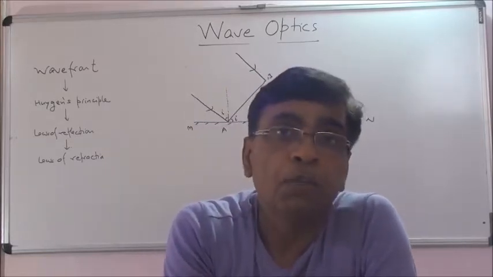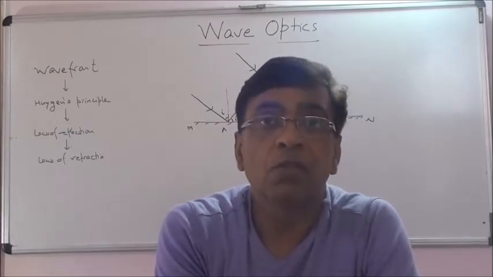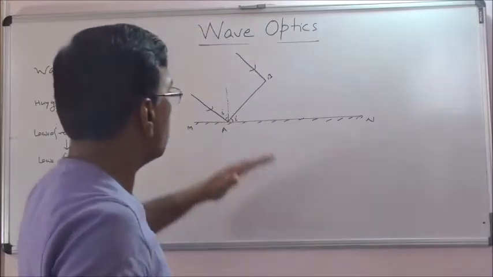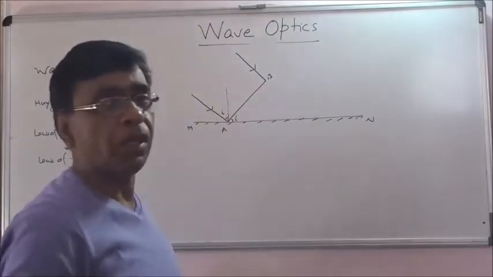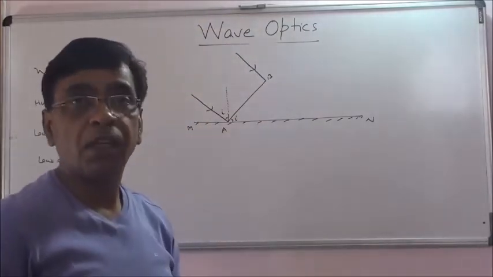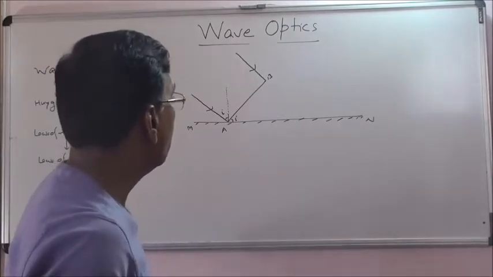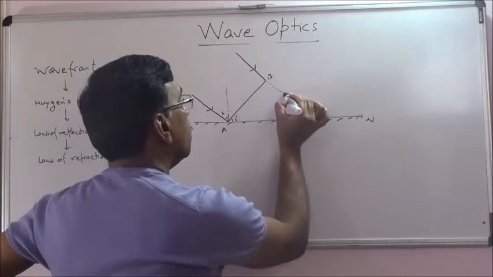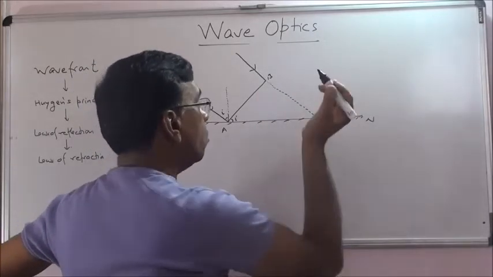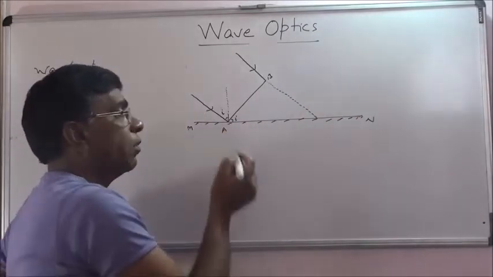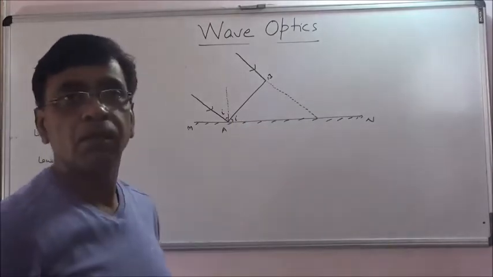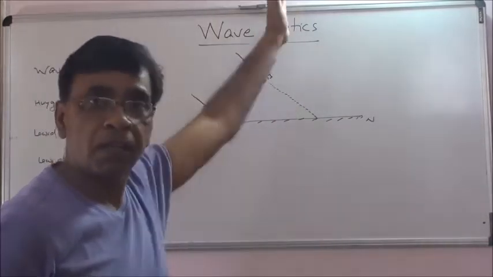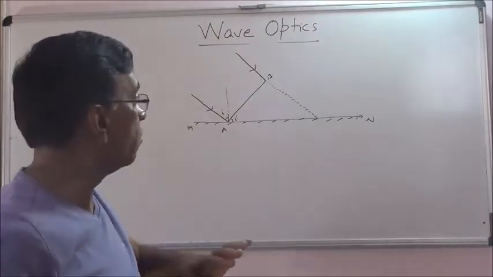Every point on the primary wavefront acts as a source of secondary wavelets which move onward with the speed of the wave. So every point on AB will now produce a secondary wavelet. Now, see, the secondary wavelet from here will go here, but the secondary wavelet from here will not go here because of this reflecting surface. It will go up, it will return to the same medium.